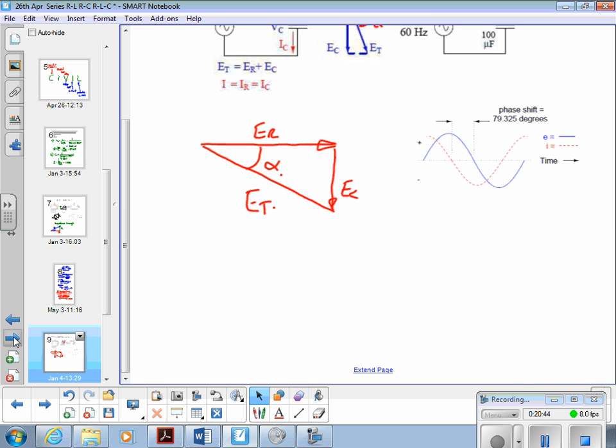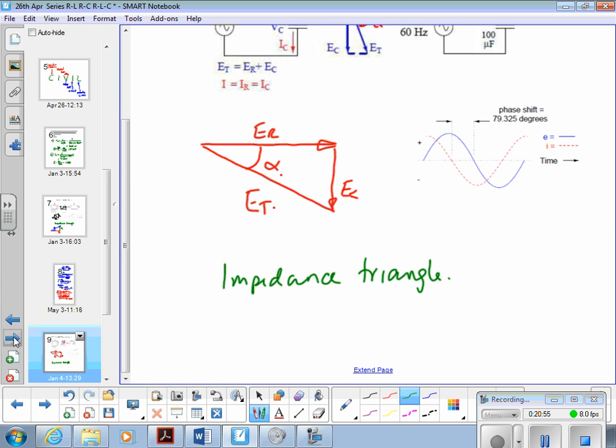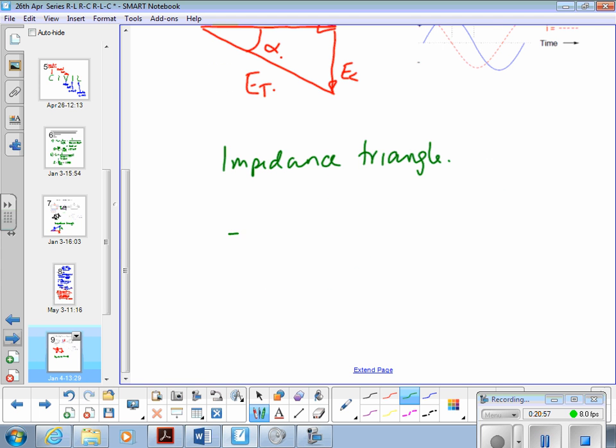And then we can have an impedance triangle, where we've got R on the horizontal, XC at minus 90 degrees, Z with an angle alpha in there.